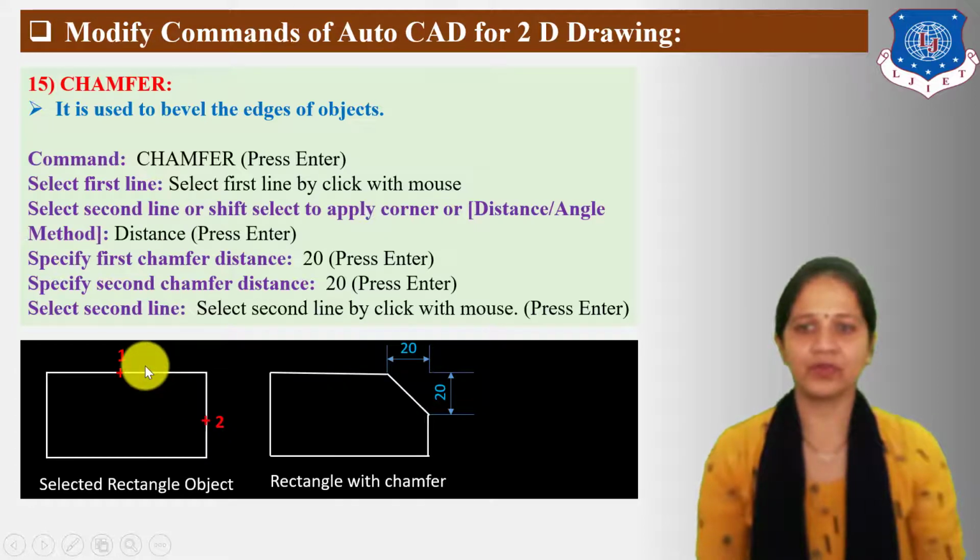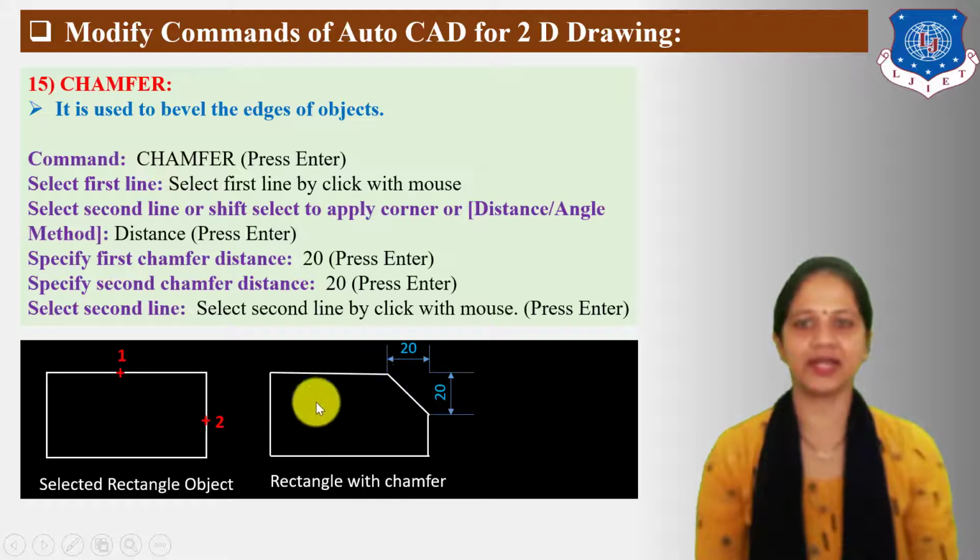Now we want to create a chamfer between these two lines, and the chamfer distance is specified as 20 for this line and 20 for the second line. So after applying the chamfer command, a chamfer is created between these two lines.